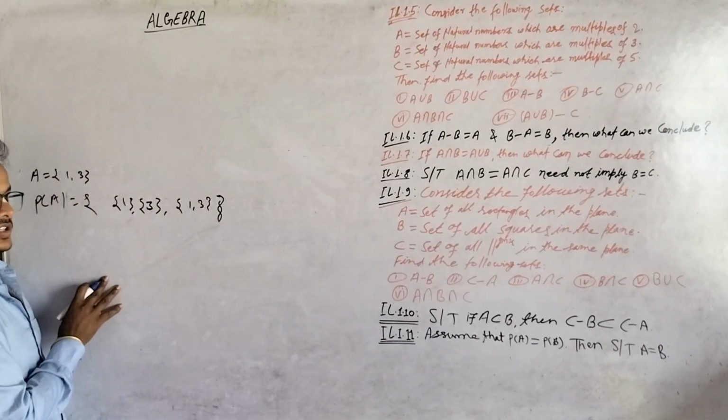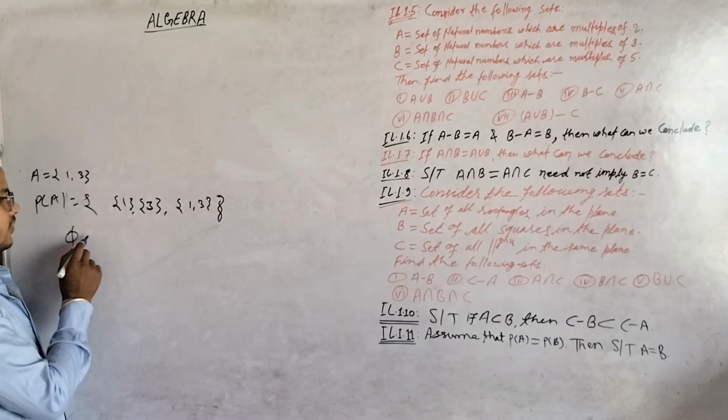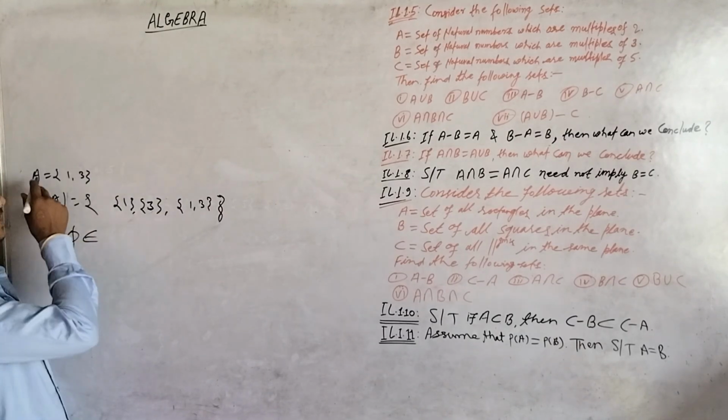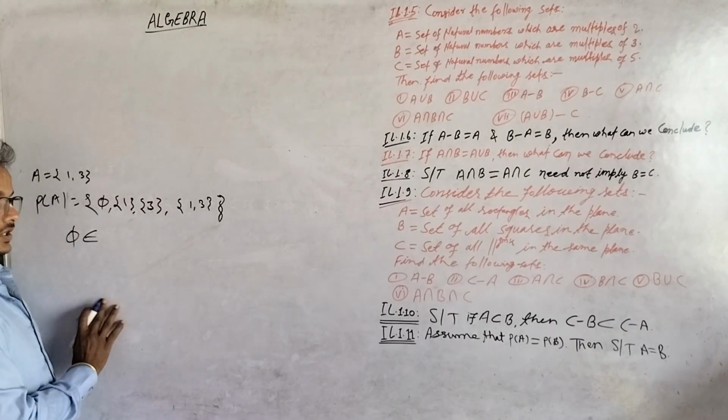That means all subsets are in it. And 5 also belongs to A, so here we also write 5.